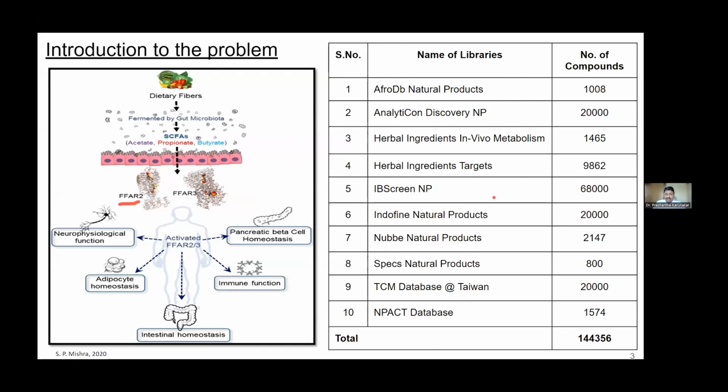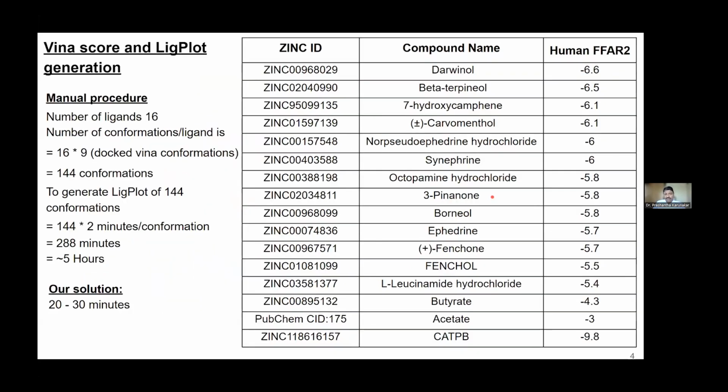After performing the docking, based on the Vina score, one may sort them and say these may be the top 15 ligands. Here I have considered the top 14, 15 ligands, and these need to go for the next wet lab, either in vivo or in vitro analysis.